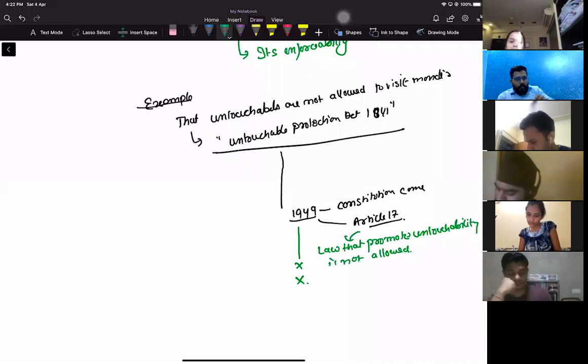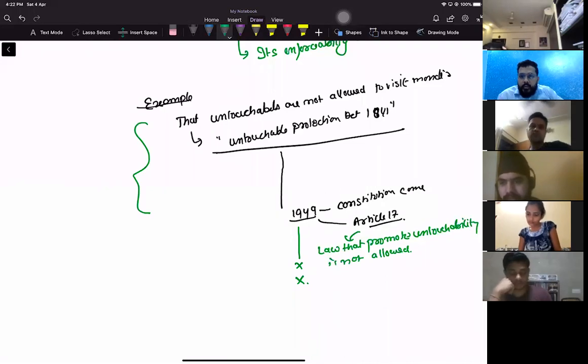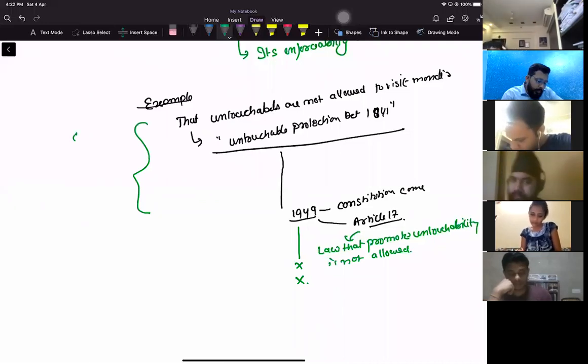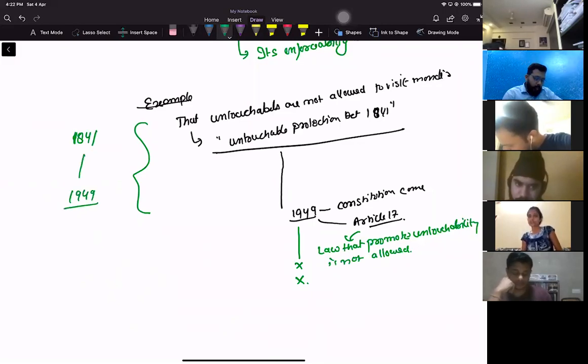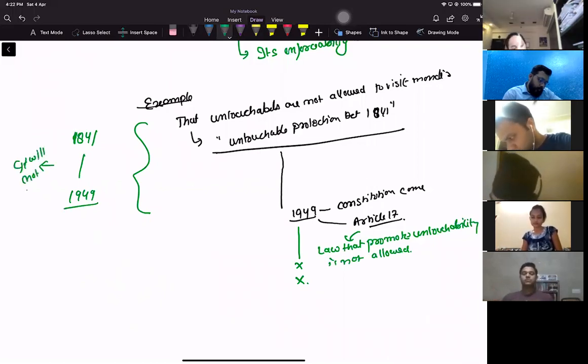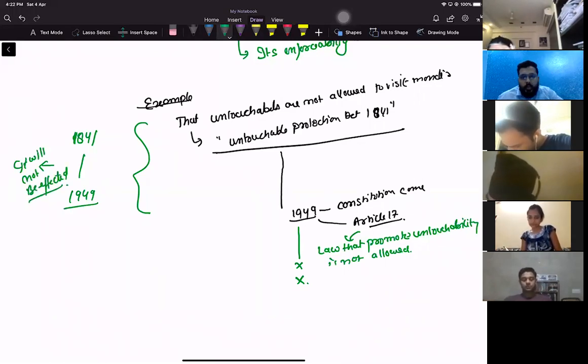But does this law lose its identity in the backside? 1841 से लेके 1949 तक जो इसमें हुआ, does that lose its identity? The answer is no. What happened between 1841 to 1949 will not be affected.